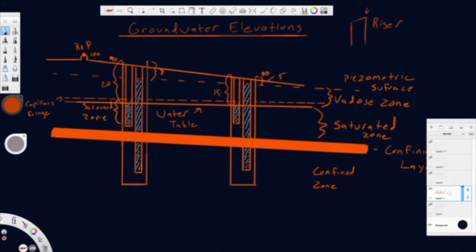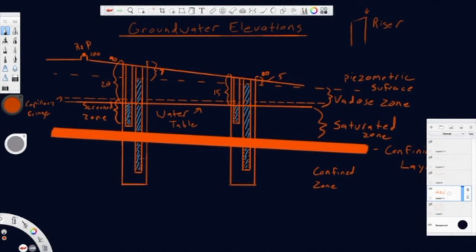And that basically just means you're going to put wells right next to each other that are going to be at different depths, or in different zones. So in this case, we have two wells within one nest, and one is going to be in the saturated zone, and one is going to be in the confined zone.